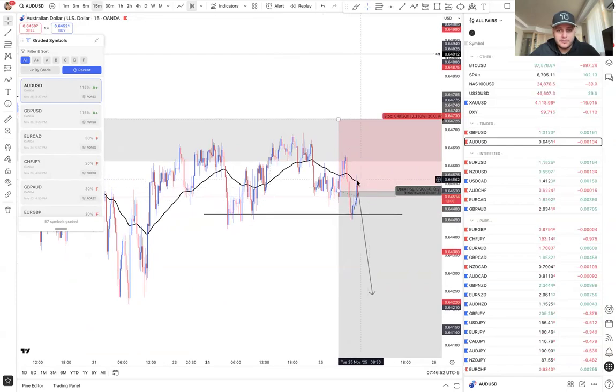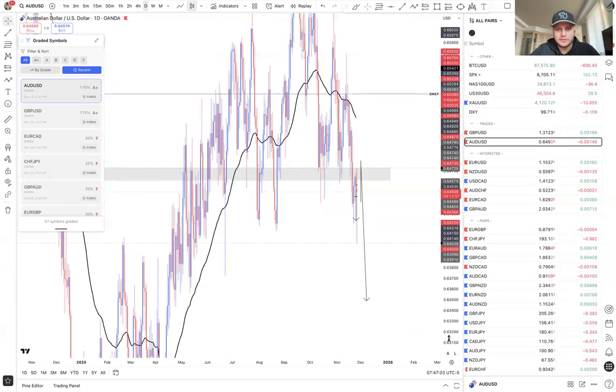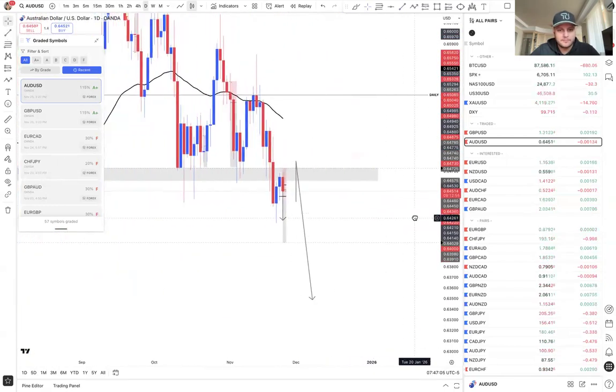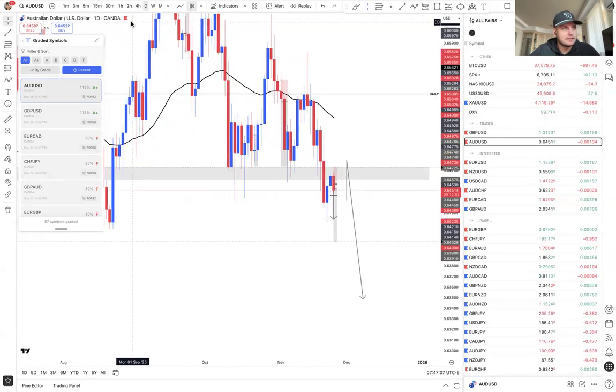However, if for some reason we break back above this EMA and we break back above this wick right here, we close above it, chances of us hitting stop loss are like 95%. And that's the way things are at the moment.